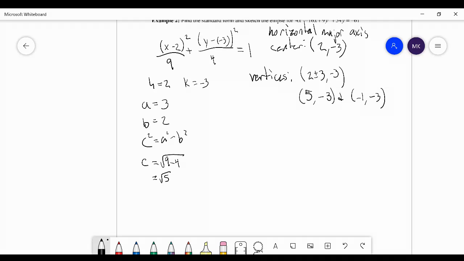Our foci are very simply 2 plus or minus square root of 5. So I'm just going to write this 2 plus square root of 5, negative 3, 2 minus the square root of 5, negative 3.